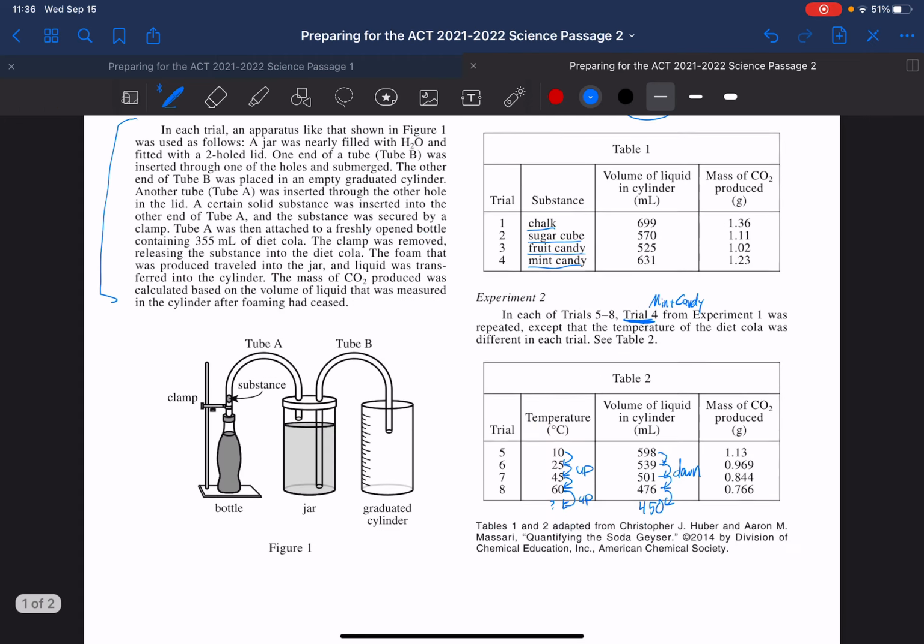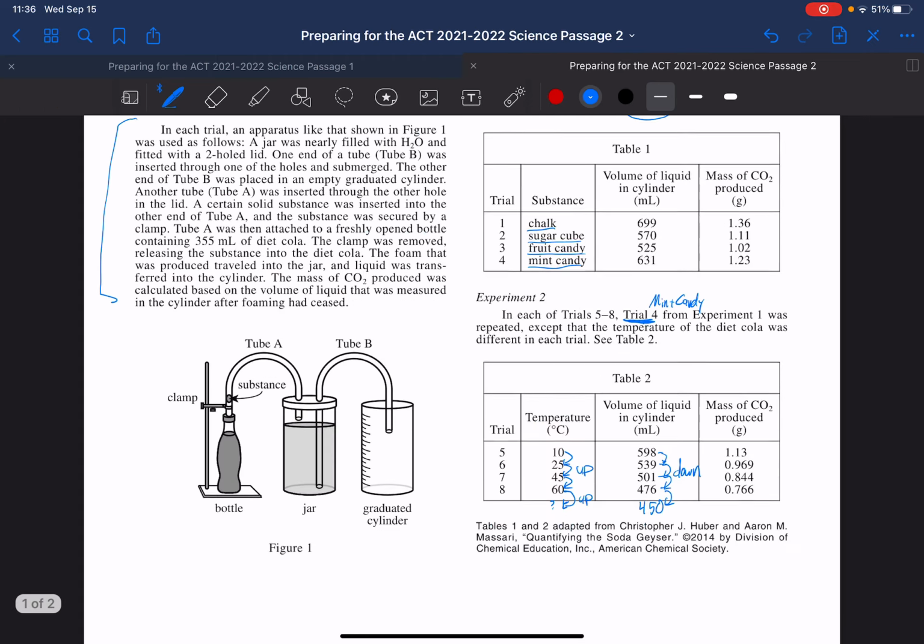And then 14, assume that room temperature is 25 degrees. How many trials was the Diet Cola tested at lower than room temperature? Now, for some people, the temptation would be to say F. And the reasoning would be this. If we look at table 2, there is only one temperature that's lower than 25 degrees.